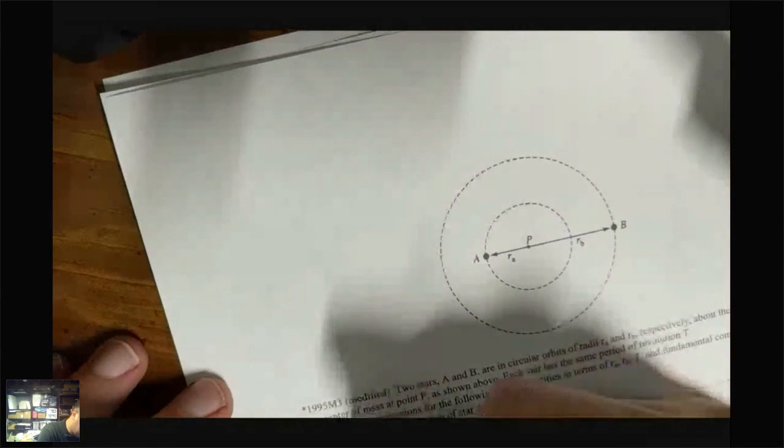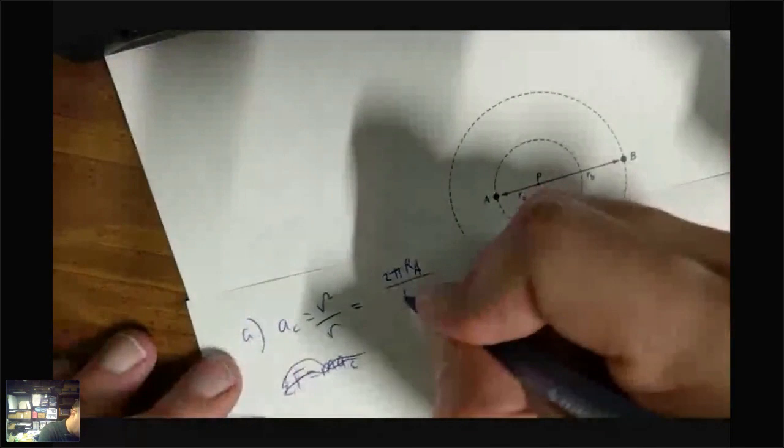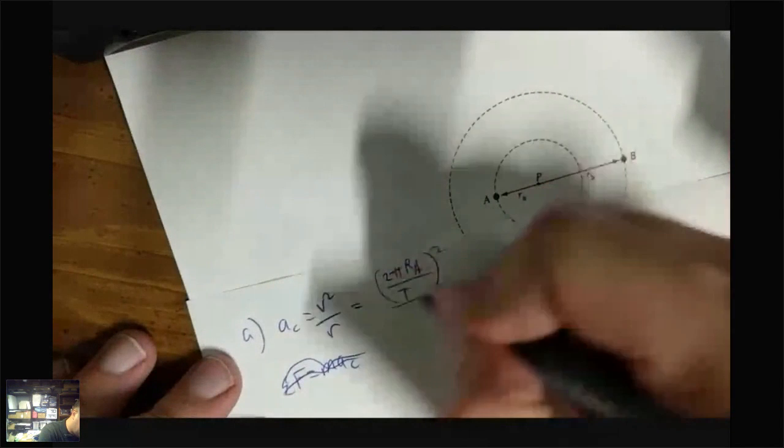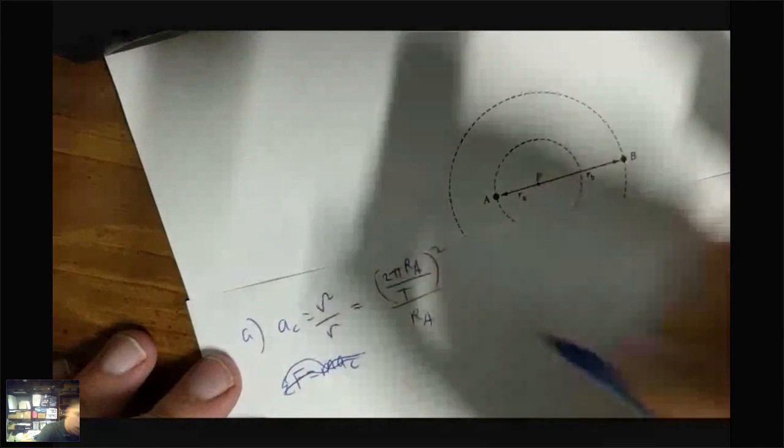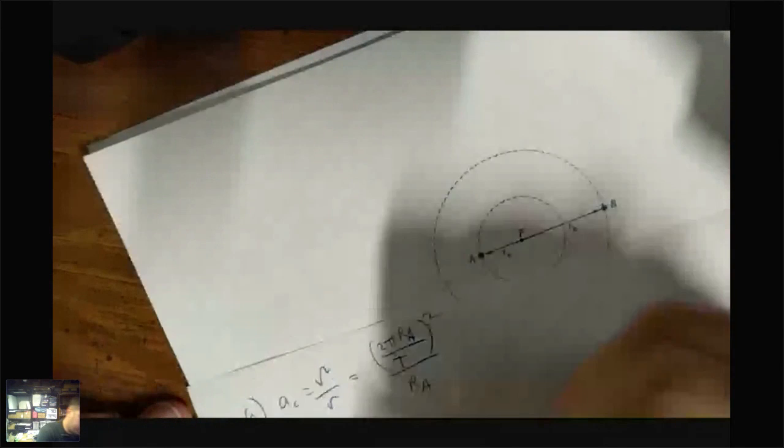So my velocity is 2 pi RA, because it's the radius of A, over the period, quantity squared, all over RA, where RA is the radius of the circle we're orbiting around. Okay.